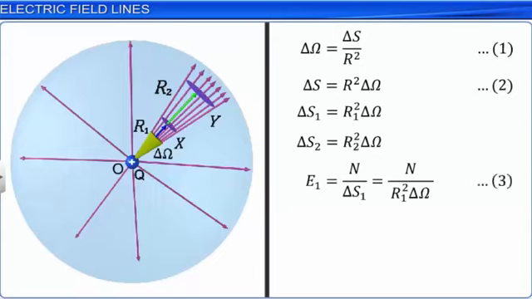Similarly, electric field strength E2 at y is equal to n by delta S2 equal to n by r2 square into delta omega. Let this be equation 4.